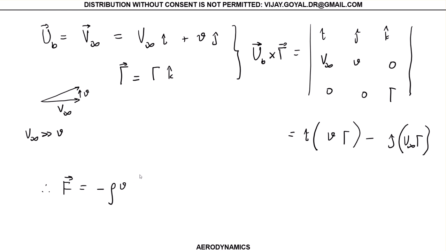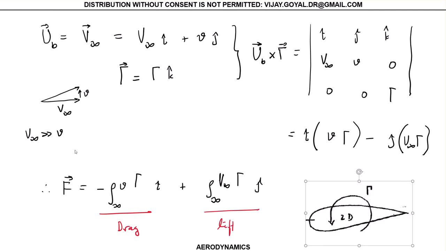So this is equal to rho v gamma i plus rho times V infinite gamma j. Just note that all this is working in the infinite free stream. So this is your drag, and this is your lift.